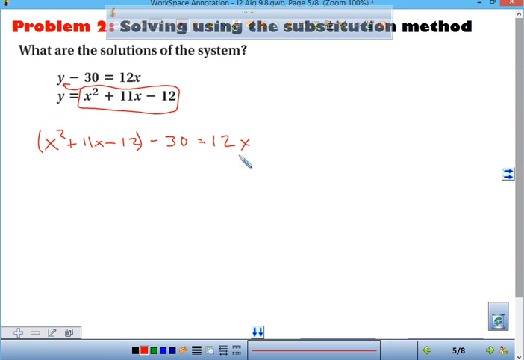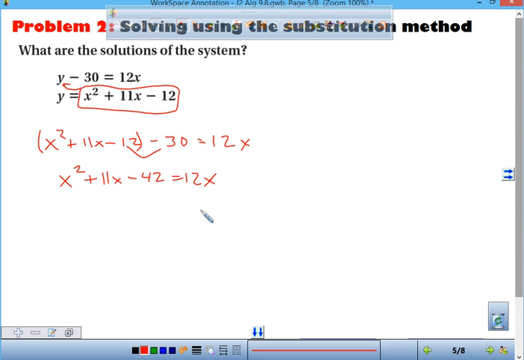And then it still equals 12x. What might we do to start solving now? Combine like terms. Good. Let's start combining like terms and see where we go from there. If I put -12 and -30 together, I have x squared plus 11x minus 42 equals 12x. Do I have any more like terms I can put together?